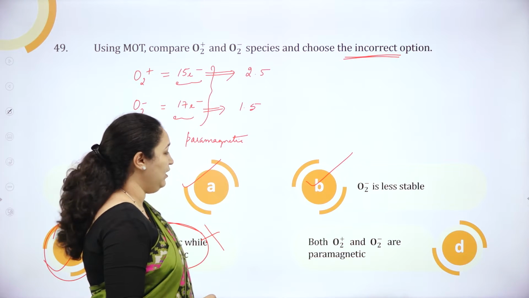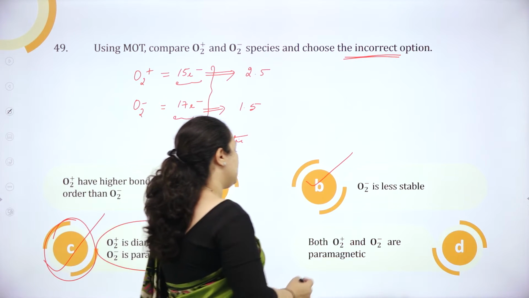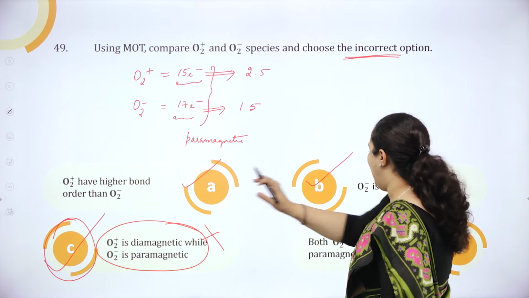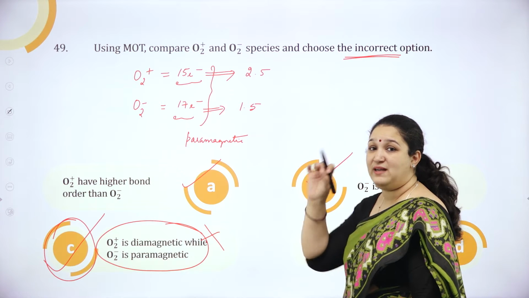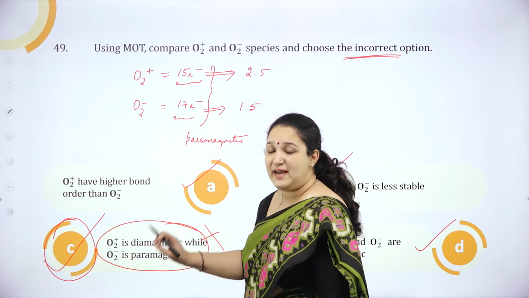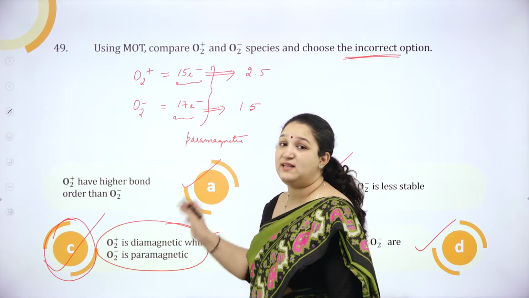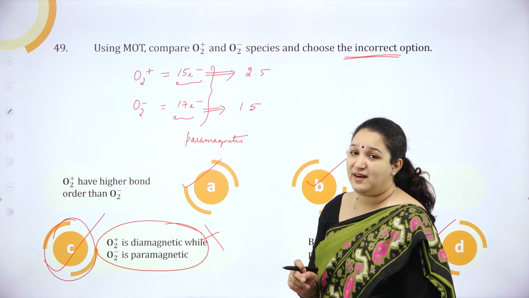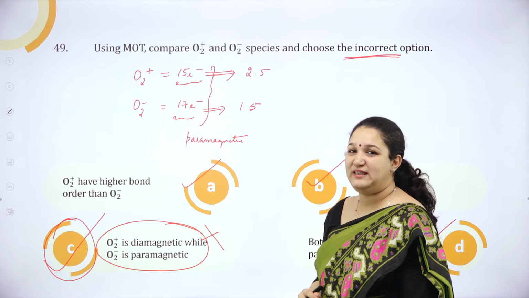Option D also is correct. Both O2 plus and O2 minus are paramagnetic. So options A, B and D are correct, and in option C the statement given is wrong, and that is the answer which you are supposed to tick because they are asking for the incorrect option.